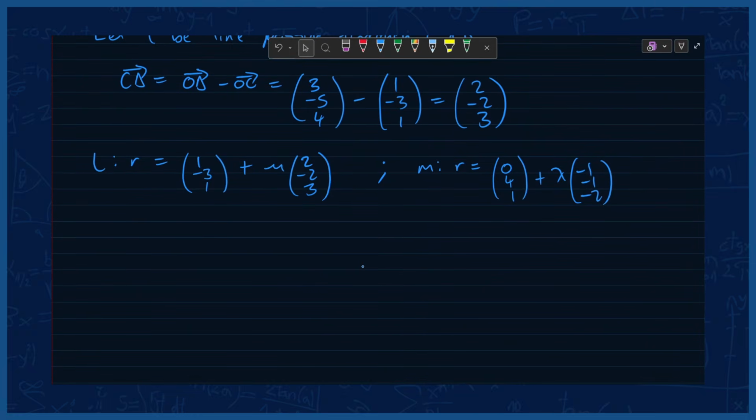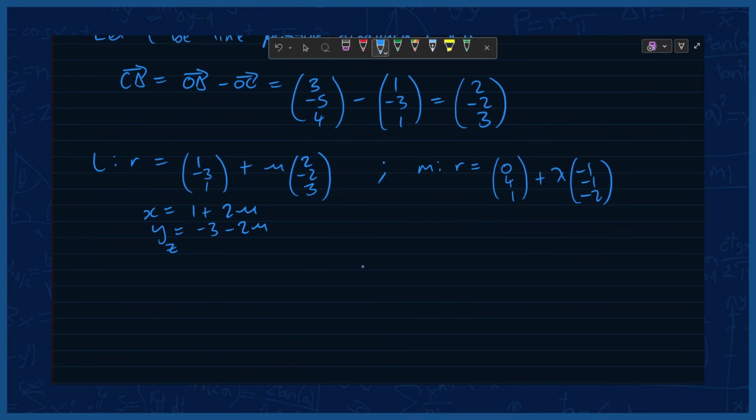So what we can do is write these in their parametric form. My x component comes from 1 plus mu times 2, so 1 plus 2 mu. My y component comes from -3 plus mu times -2, so -3 minus 2 mu.